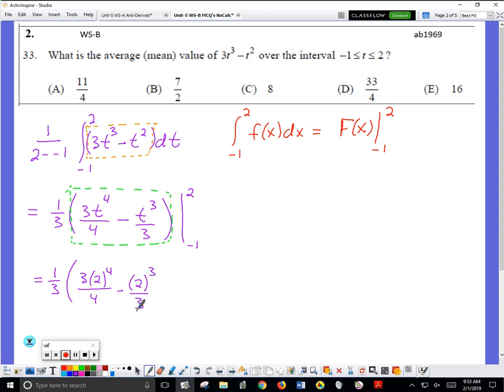I now need to subtract 2 separate terms, so don't forget the extra parenthesis. So your work should look exactly like that.